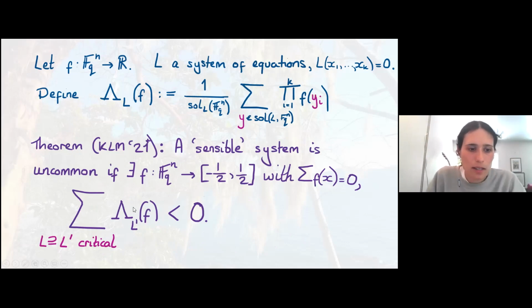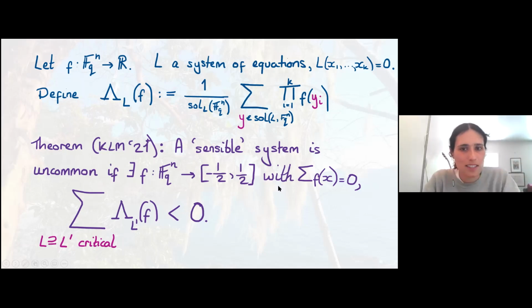I haven't written a lot of details here, but what it's saying is that we can show a system is uncommon if we can find a function f such that the sum over these critical systems L, which are subsystems, is less than 0. Then we can show that the system is uncommon.